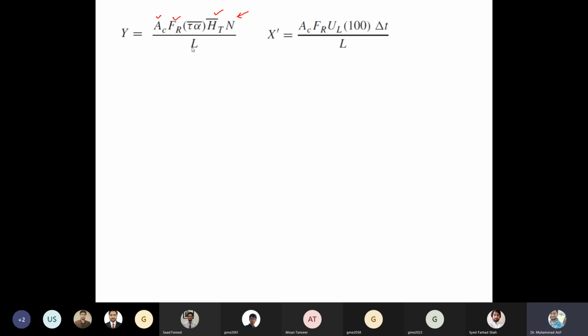Similarly, the next parameter was X bar. X bar is again very similar to this one, but the only difference is it is multiplied with the value of 1000 and a delta T. I think this is similar to PL.